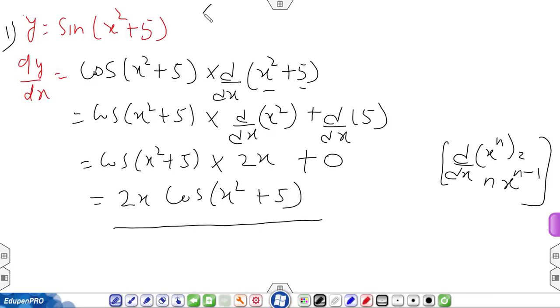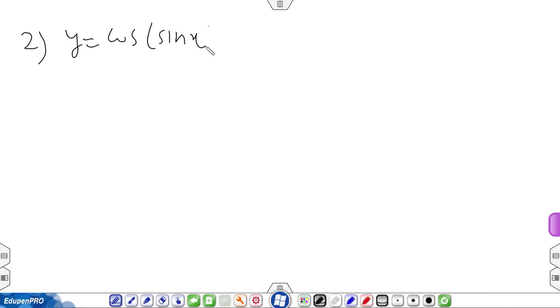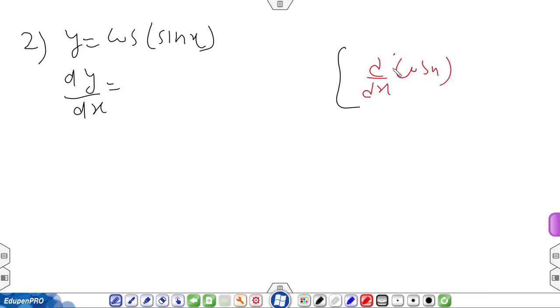Now the next question, the second question: y equals cos of sin x. See carefully. All of you know the derivative of cos x is minus sin x. The same we will apply here.